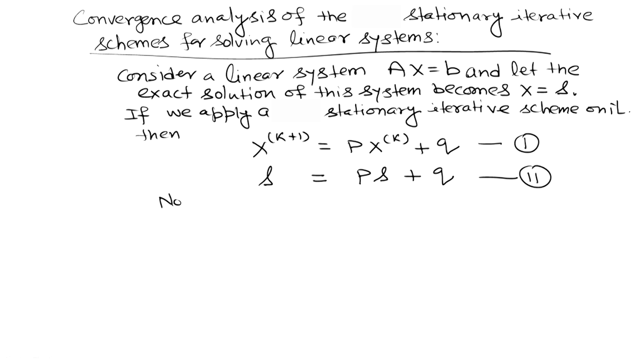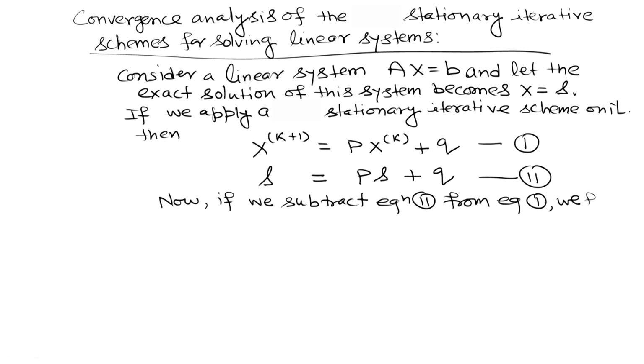Now, if we subtract equation 2 from equation 1, we have x(k plus 1) minus s equals P times (x k minus s).